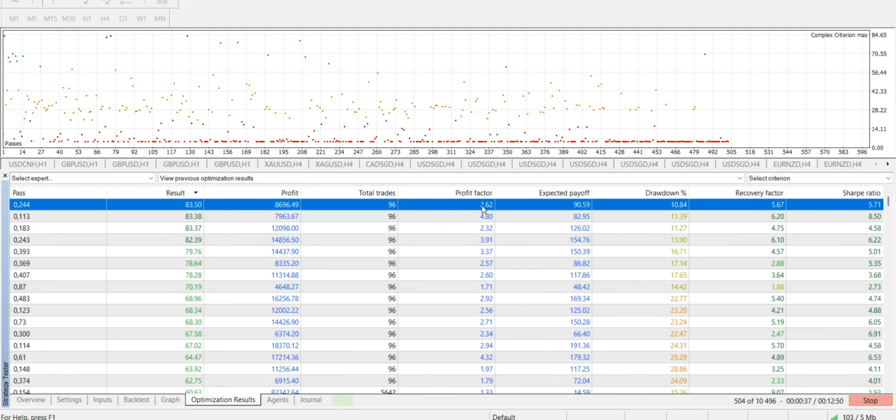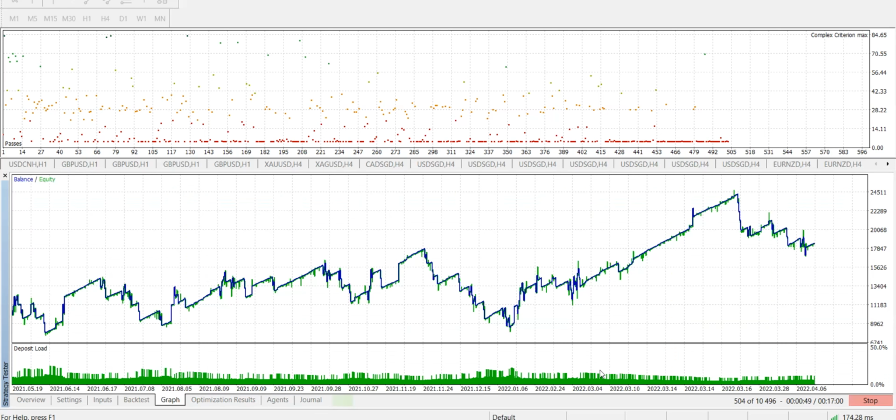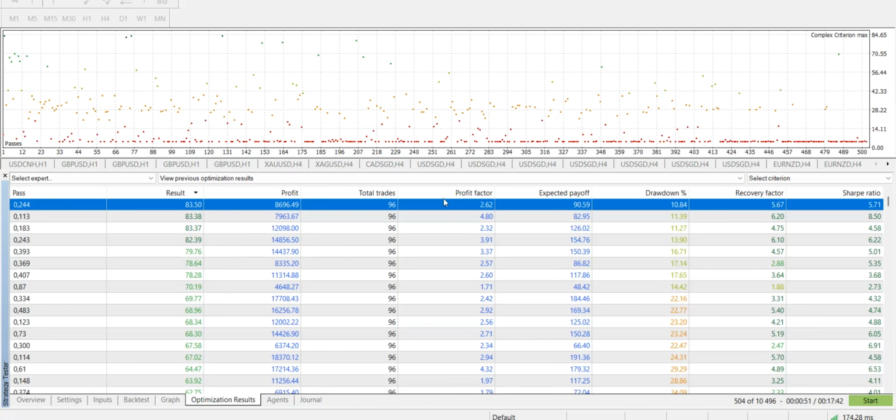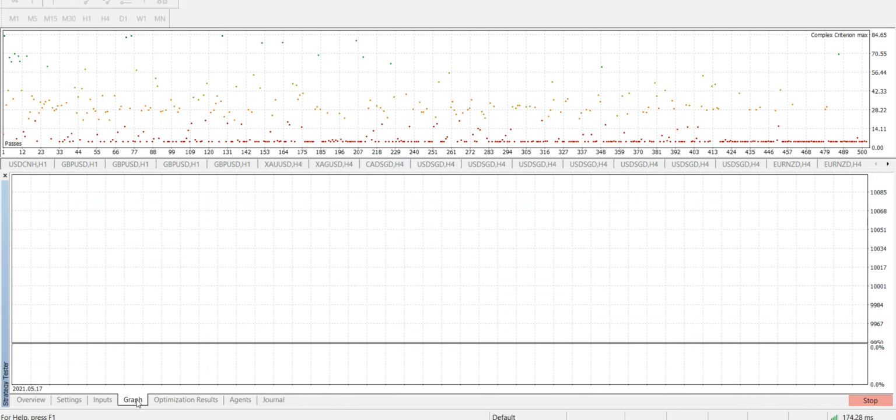It is combining the best parameters for the best possible outcome of profit factor, recovery factor, minimal drawdown, profit, and Sharpe ratio. So it is a combination that it is trying to reach. Let's see how it is working. It is how different it is now, and what kind of parameters we have gotten.